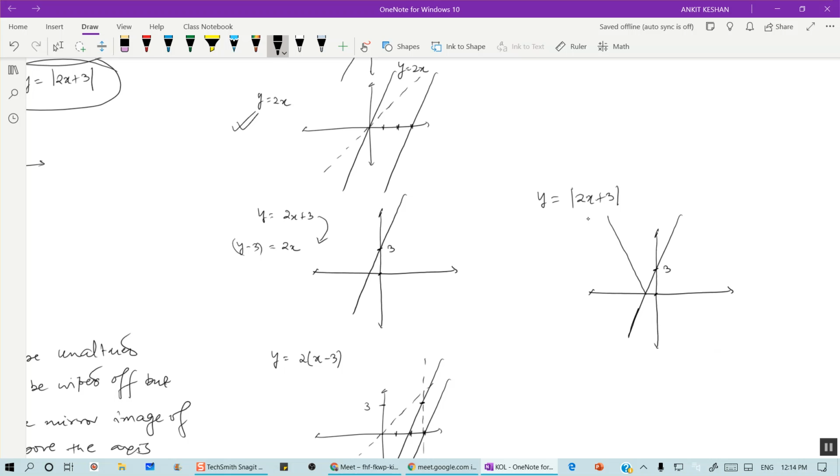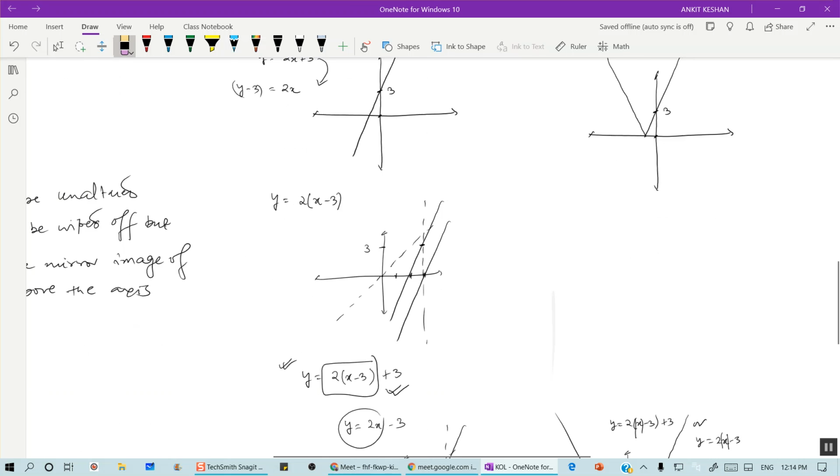And now we will wipe this off. Any part above the x-axis is retained. Any part below the x-axis is removed, but before that we draw the mirror image.